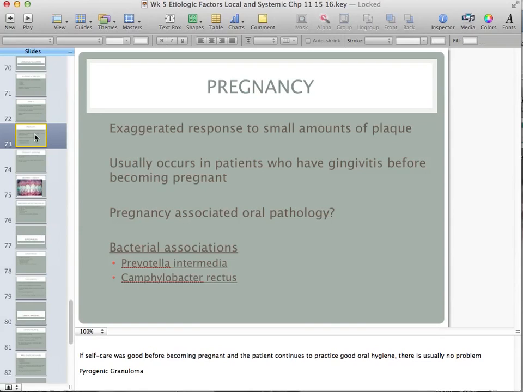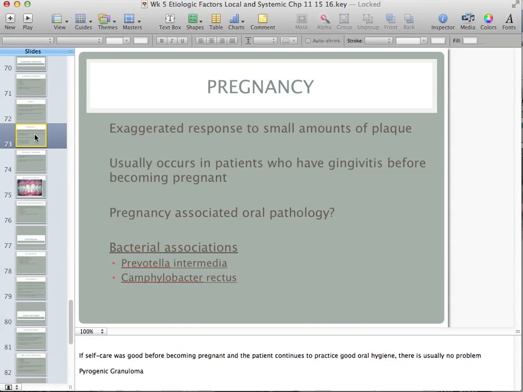So the bacteria associated with pregnancy are Prevotella intermedia and Campylobacter rectus. So how can we remember those bacteria? Well, let's think of it this way. Prevotella, when I see that word, I kind of think of the spaghetti sauce Prego, because it has very similar letters, Prevotella, Prego, and you can think that's associated with pregnancy.